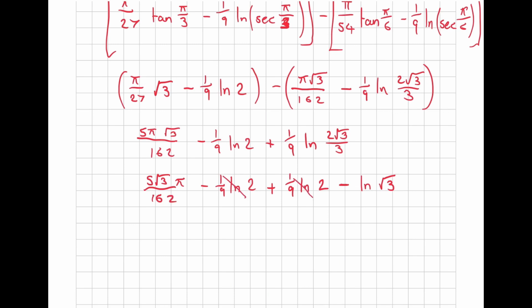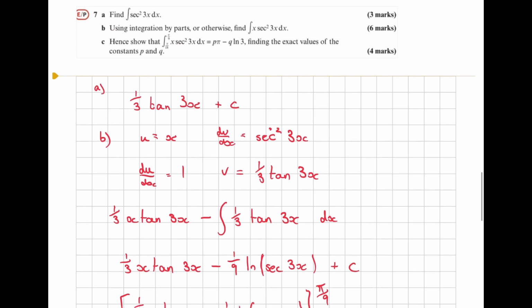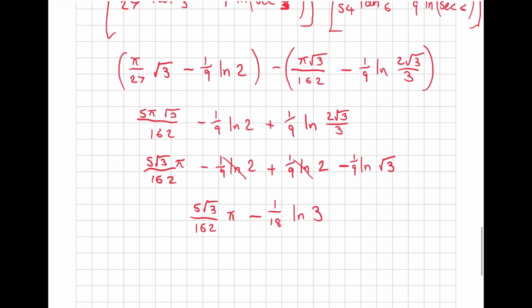These two are going to cancel, and I'm left with a ninth of ln root 3, but remember, root 3 is 3 to the half, so if I bring that half in front, that's minus a ninth times a half, so 18, ln 3. Not lovely, but there we go.